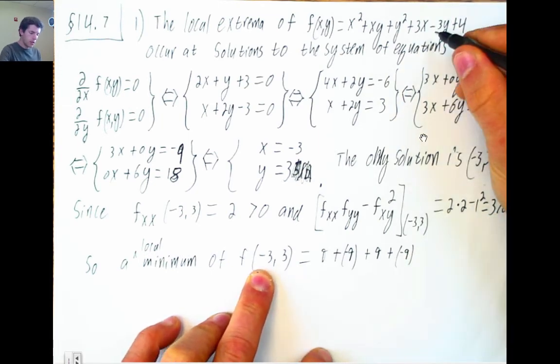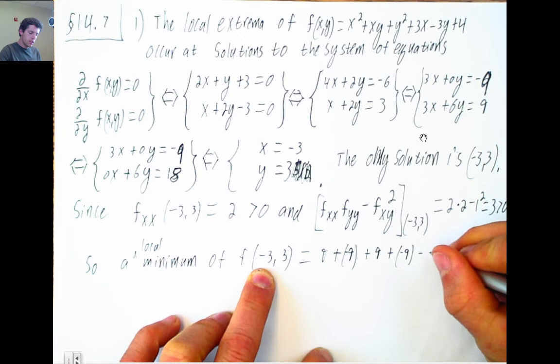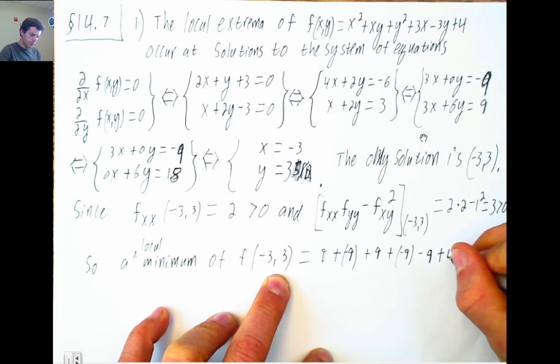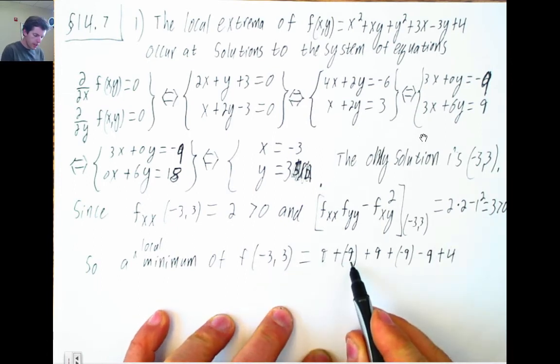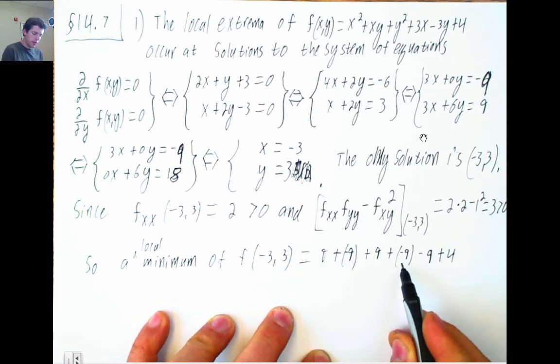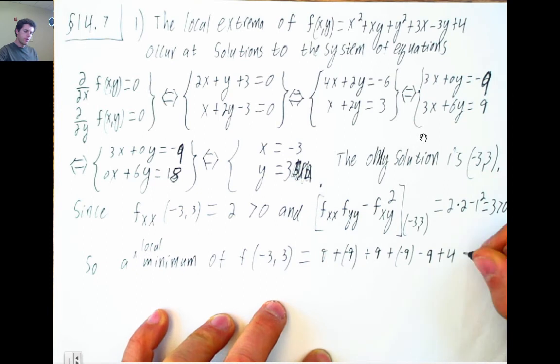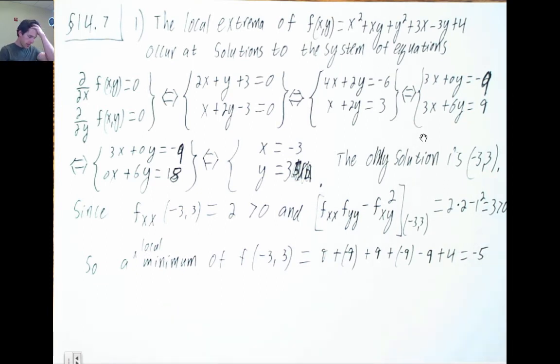Minus 3 times y is 9. Plus 4. Okay, so this guy and this guy are eliminating each other. This guy and this guy are eliminating each other. I still have a minus 9 and a plus 4, and that is negative 5.